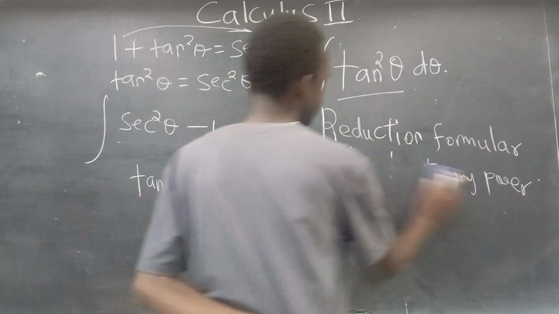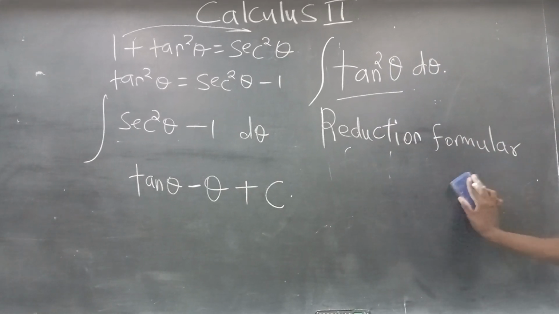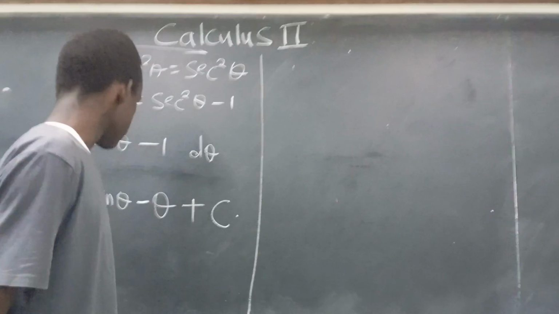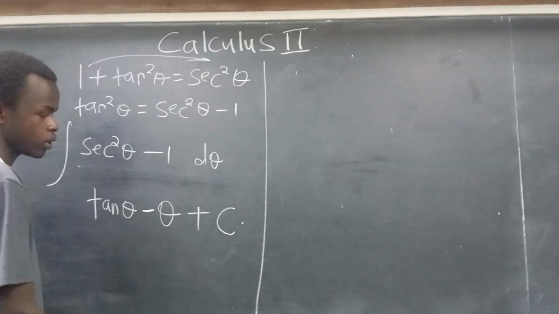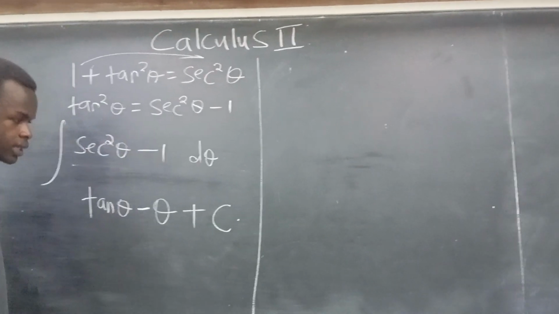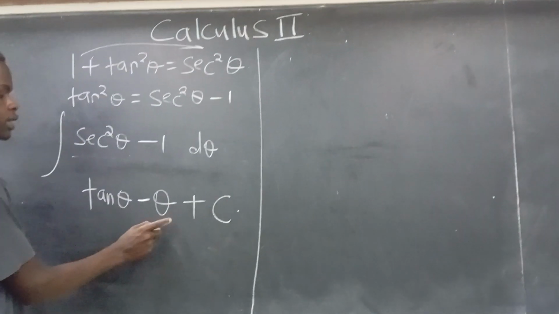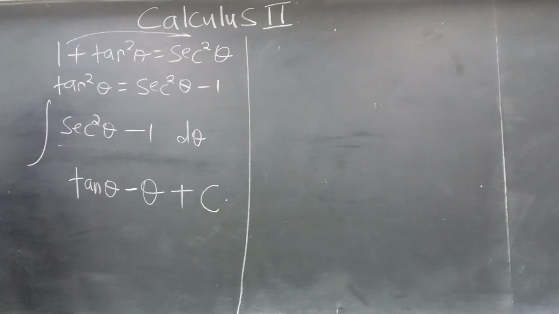So we said you can perform this using the reduction formula, but it's kind of long. So from here, this is literally our answer, but we won't leave it in terms of tan and theta. So we'll have to manipulate this again.